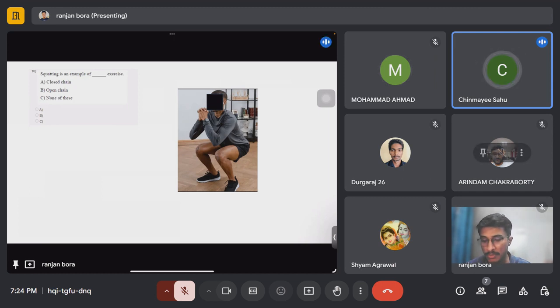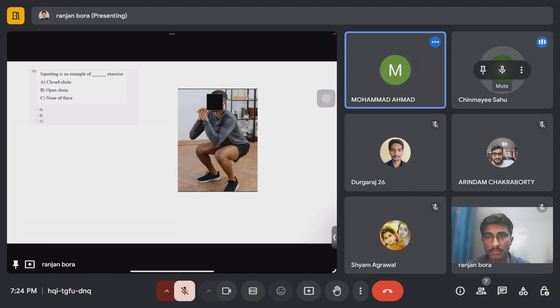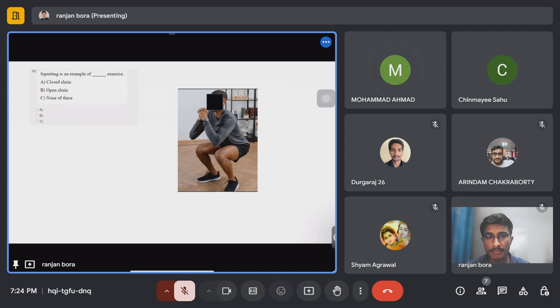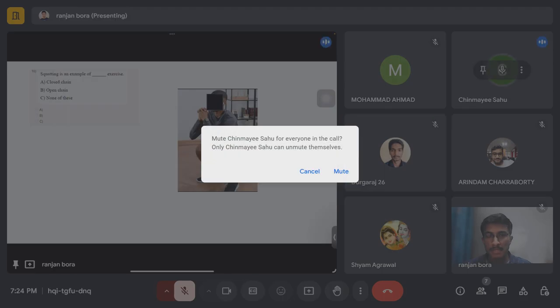Yeah, what is the answer? Squatting is an example of. C, open chain. No, it is not an open chain. Closed chain, right? Yes, yes.